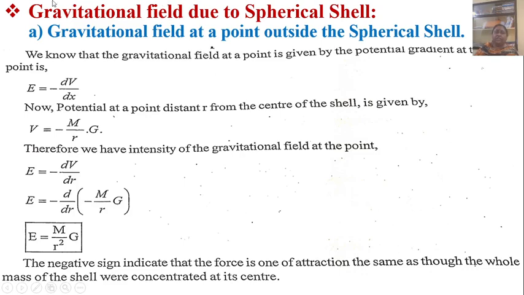Now gravitational field due to a spherical shell. Gravitational field E equal to minus dV upon dx.